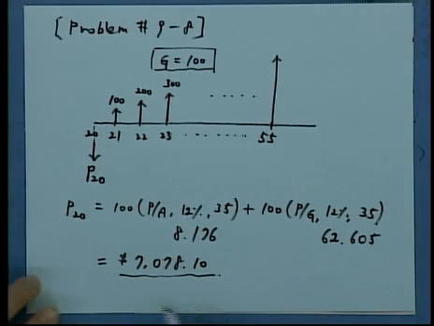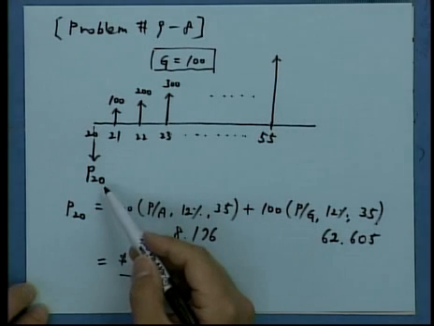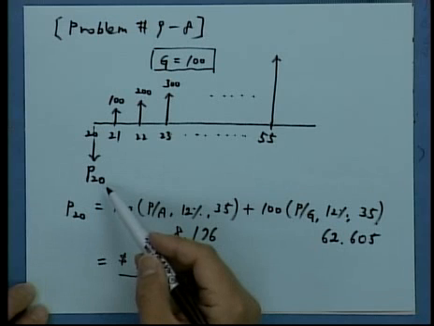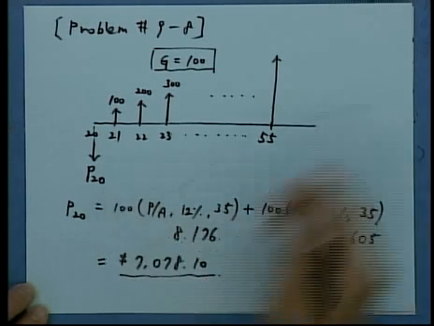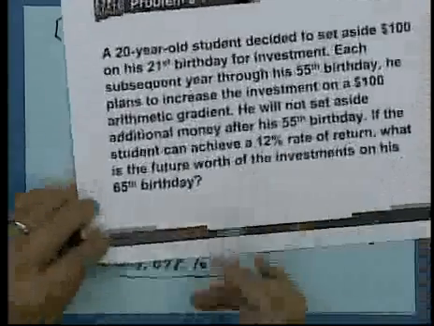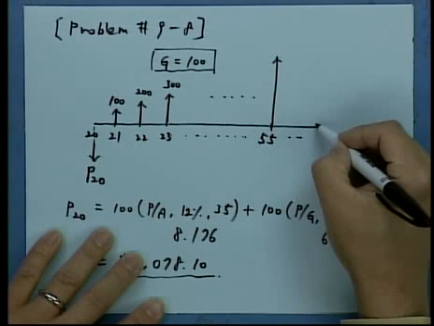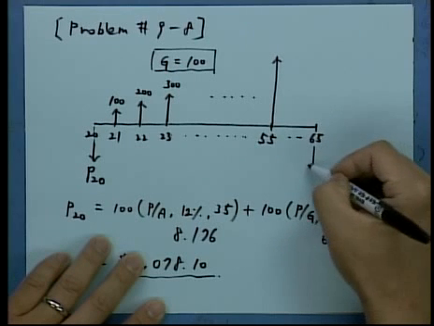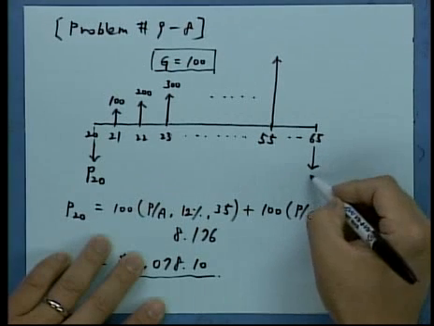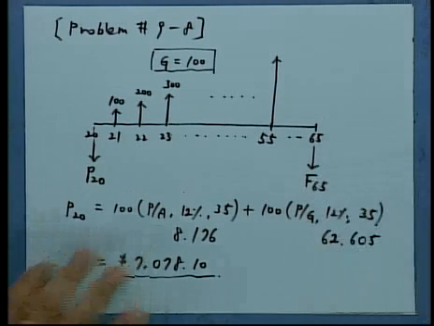Now we need to convert this P20 to an equivalent future sum at the end of period 65, right? So we have somewhere down here 65. And let's say this is F of 65, okay?